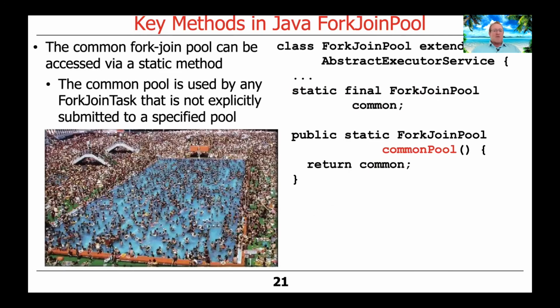Now, what is the common fork join pool? The common fork join pool is most commonly used by any fork join task or any program that wants to submit a fork join task that is not trying to submit the task to a designated or specified pool. So it's the one that's shared by everybody if they don't want to go to the trouble of making their own.